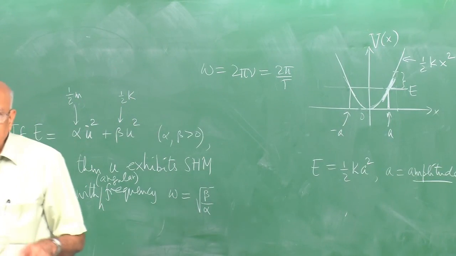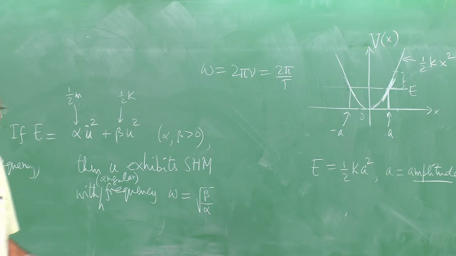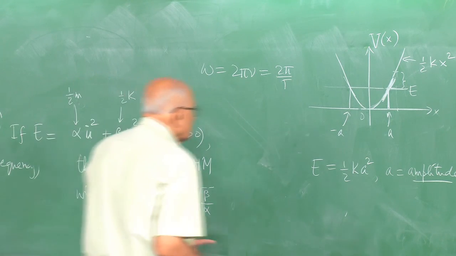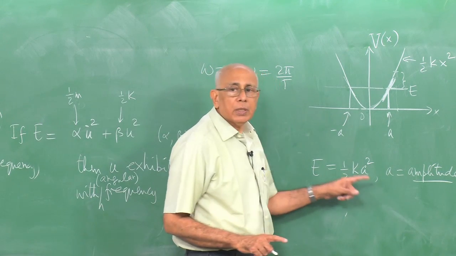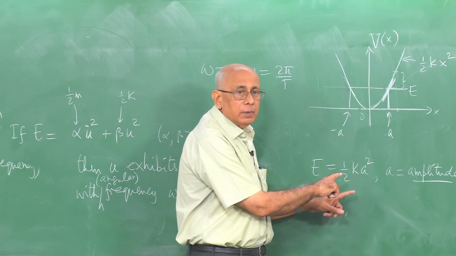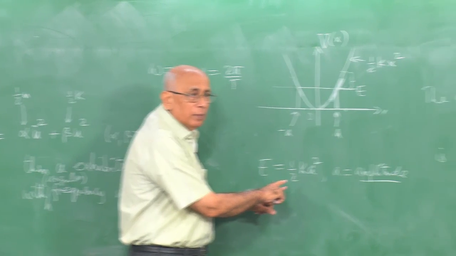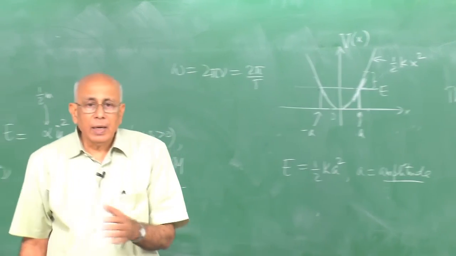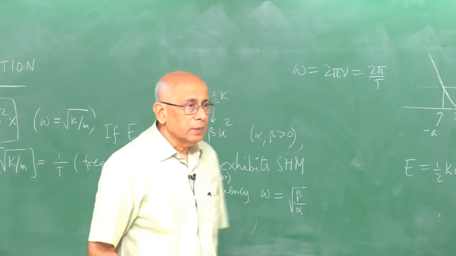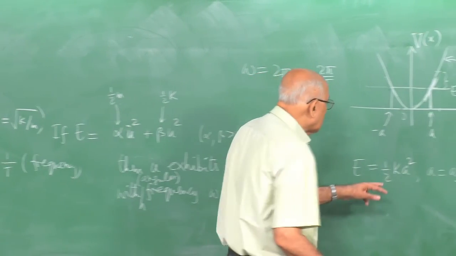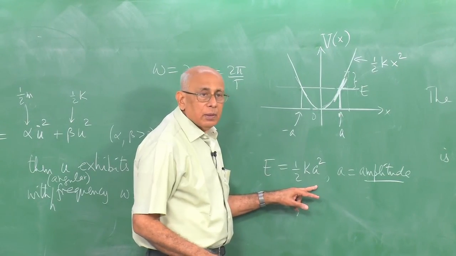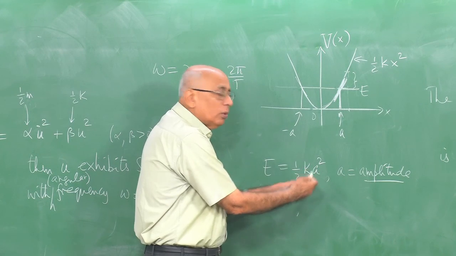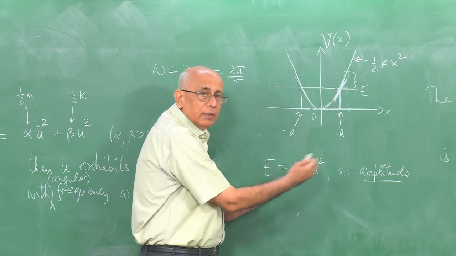So we also have another feature of simple harmonic motion, namely that the energy is proportional to the square of the amplitude in this form, and that specifying either the energy or the amplitude is completely equivalent. Once you tell me what the constant k is, you could either tell me the energy or the amplitude. If you tell me the amplitude, I tell you the energy, and vice versa.